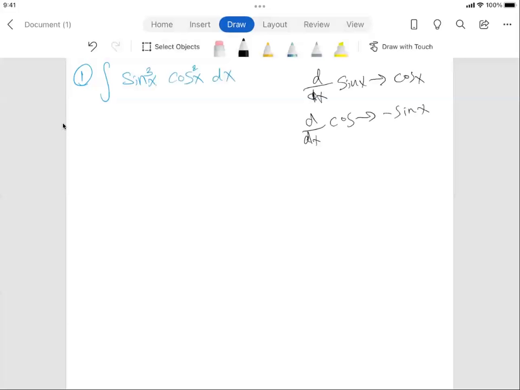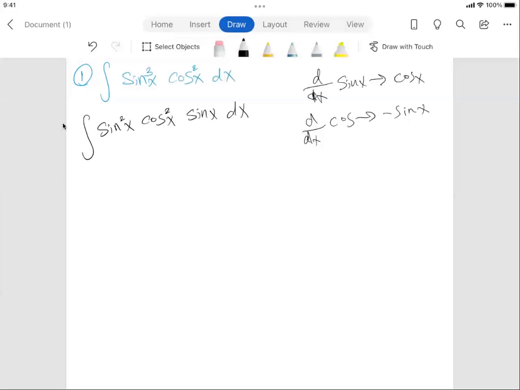As you can see, sine is to the power 3 and cosine is to the power 2. So what I can do is strip one of the sines and keep the rest. I can write this integral as sine squared of x, cosine squared of x, and sine of x dx.